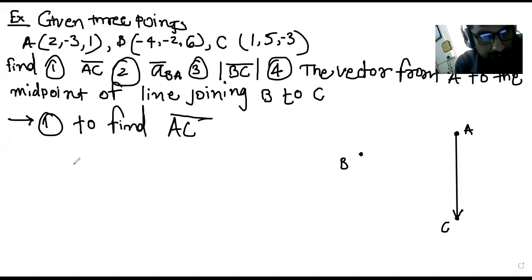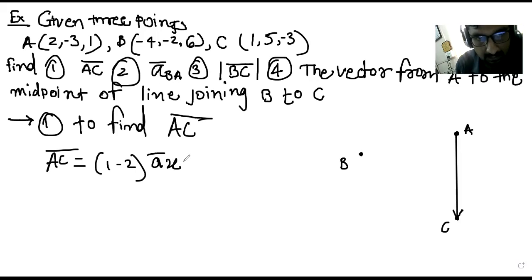So AC bar, if you see the coordinates, AC bar is equal to 1 minus 2 a bar x. Make me correct if I'm wrong. I may be correct or I may be wrong, so you have to identify whether I'm teaching correct or wrong, right?